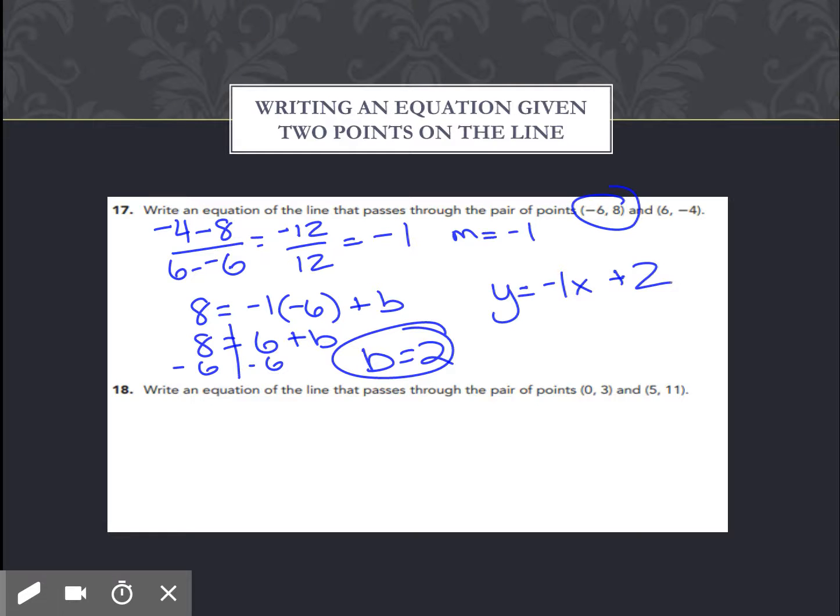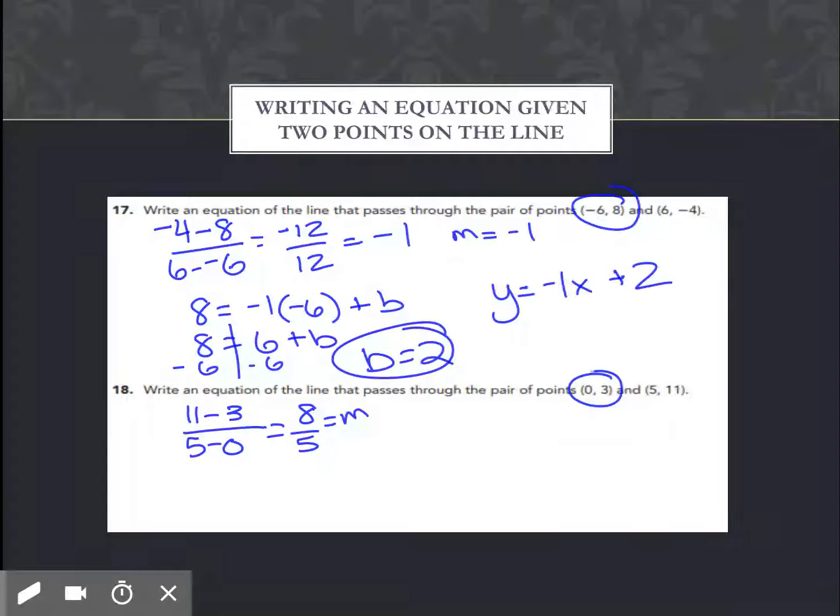In number 18, we have 0, 3 and 5, 11. So again, I've got to find the slope first. 11 minus 3 over 5 minus 0, and I'll get 8/5. So m equals 8/5. So now I want to use 0, 3. Anytime a 0 is available, I like to use that.